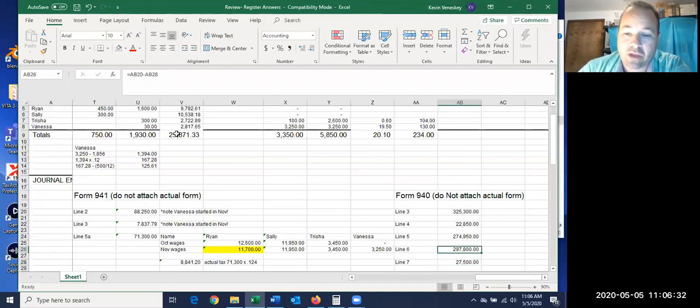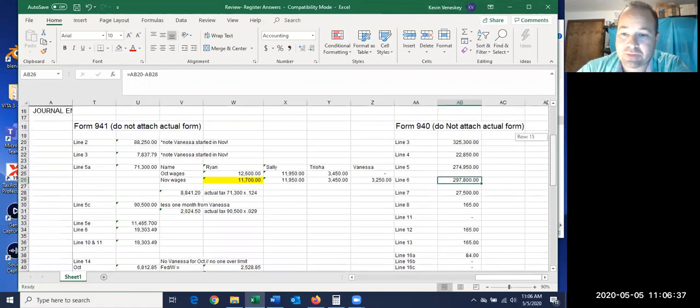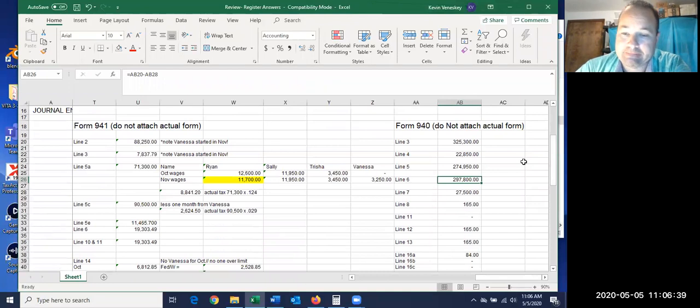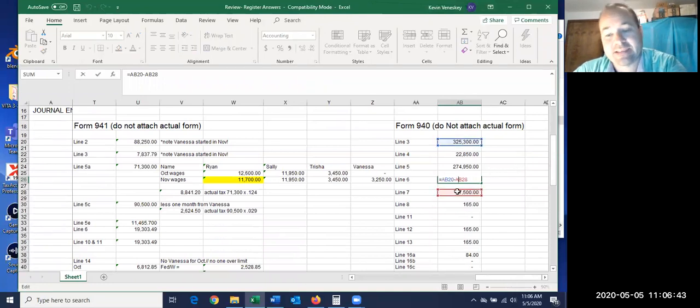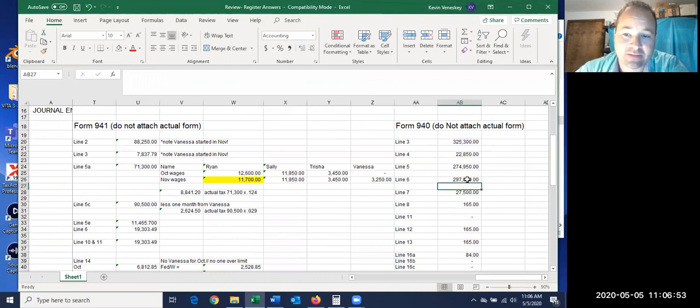And then I can start working backwards to get the amounts. I know that for line 6, it has to equal this minus this for wages that are not taxed.